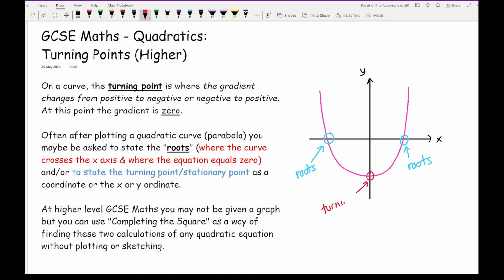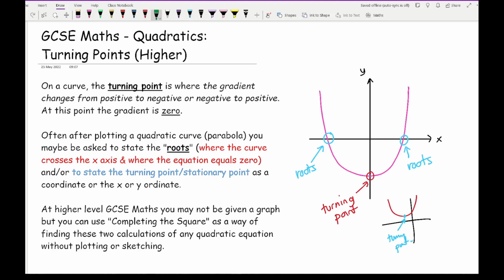Now, it's just coincidence that this looks like it's on the y-axis. You may find that your turning point may just be floating, but that there would be your turning point. So for example, if I had a graph that looked, let's say, like this, then this here would be my turning point.